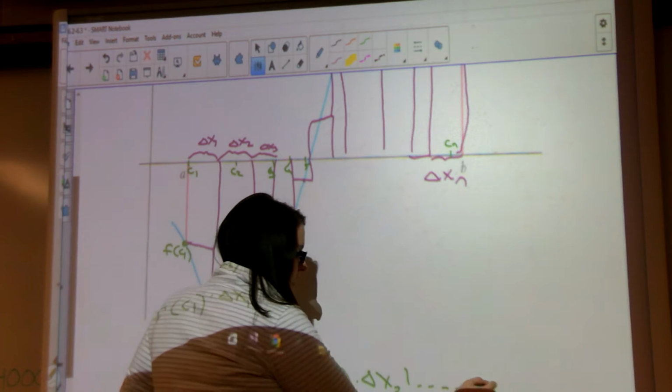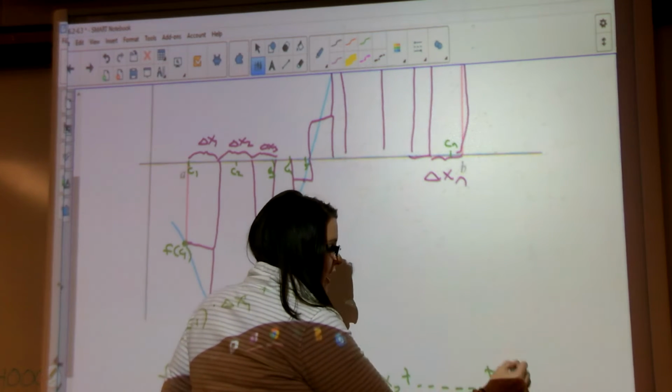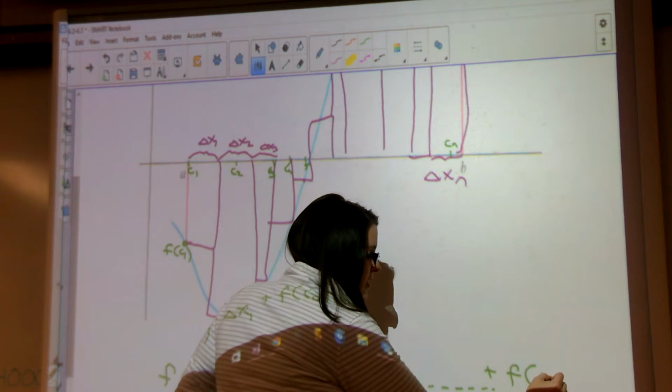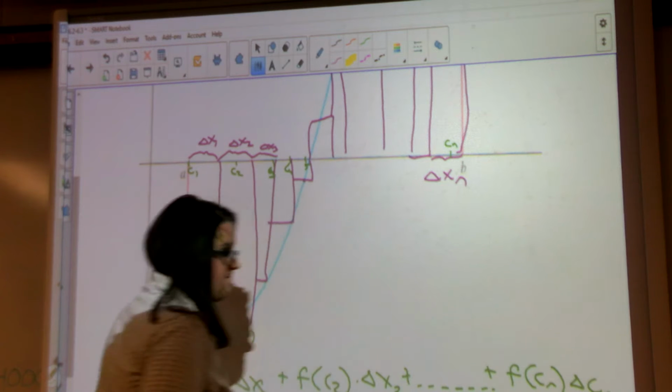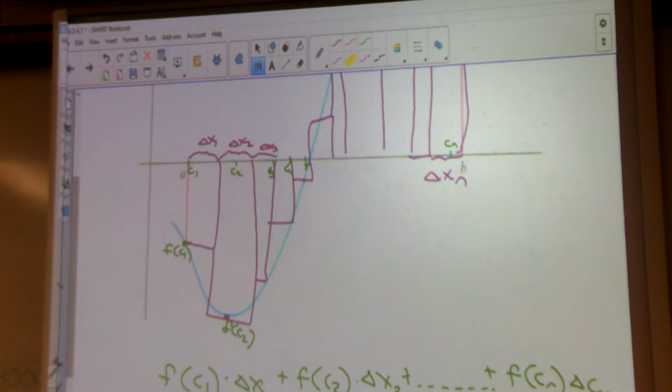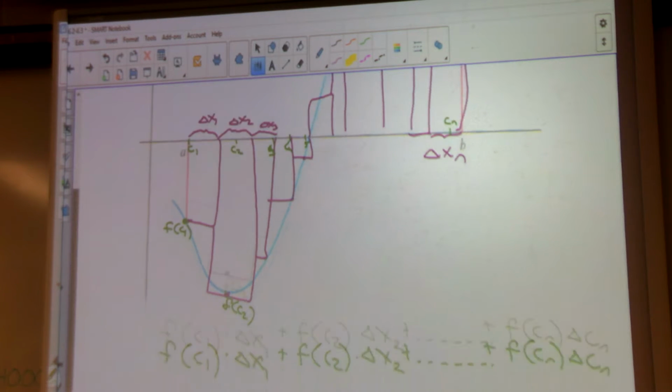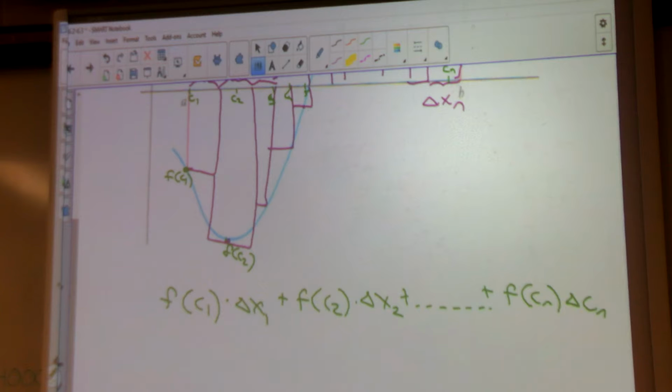Plus, add up all the rectangles. And the last one would be f of C sub n times delta x sub n. You remember this notation, all of our subscripts and sums, hopefully.